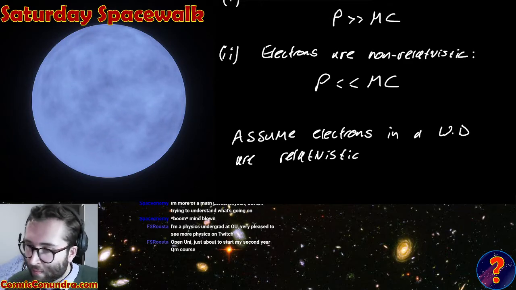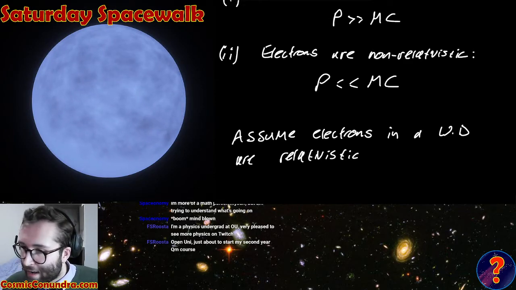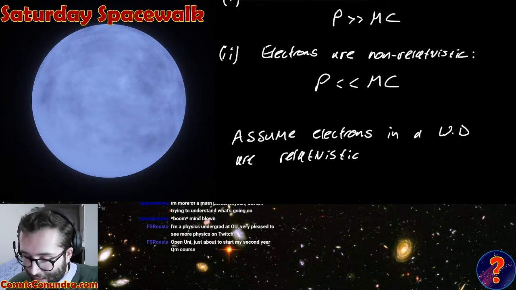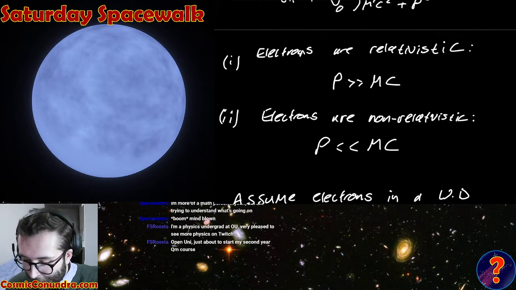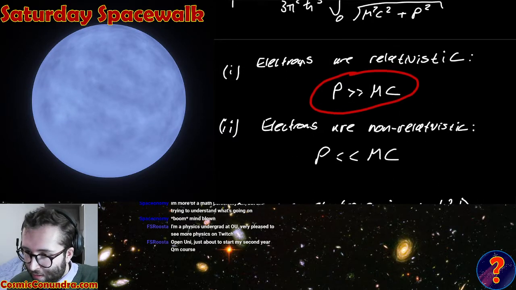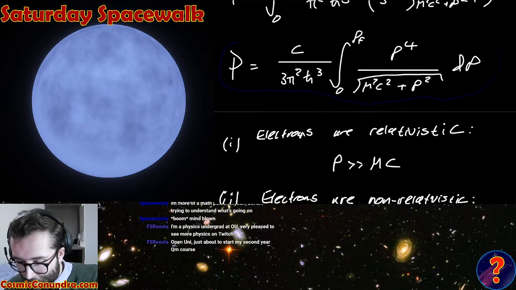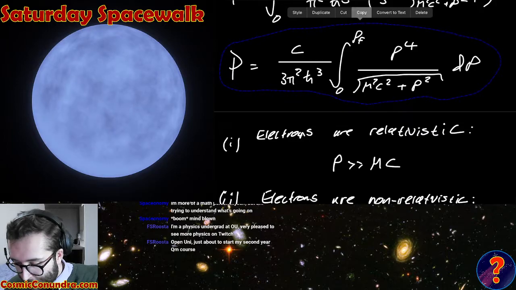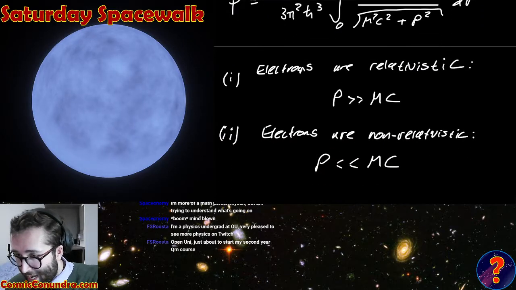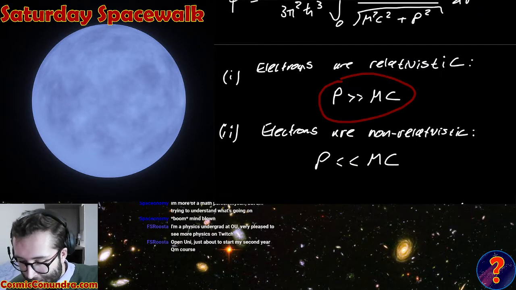Given we're dealing now with a relativistic electron gas, we can make an approximation to make our integral a little more palatable. The approximation is that p is much, much bigger than mc.